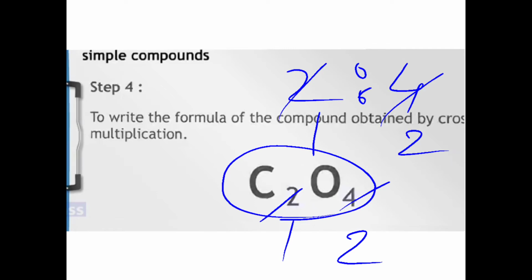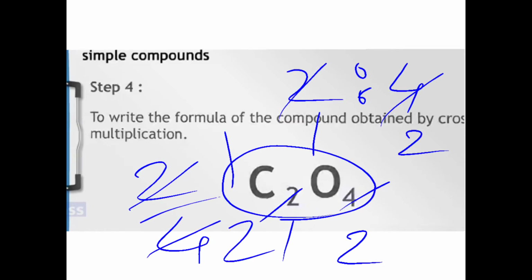It's like you do it in a cancellation form. 2 ones are 2, 2 twos are 4. So what is the ratio? 1 is to 2. This step 5 will not come up all the time.